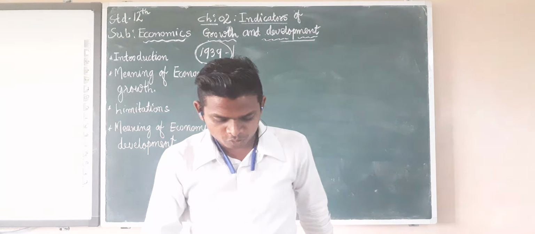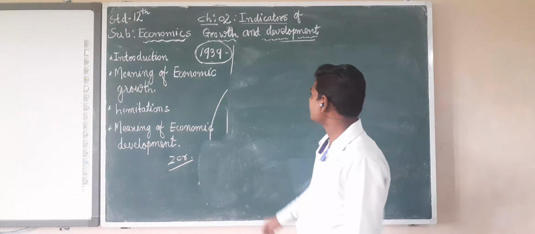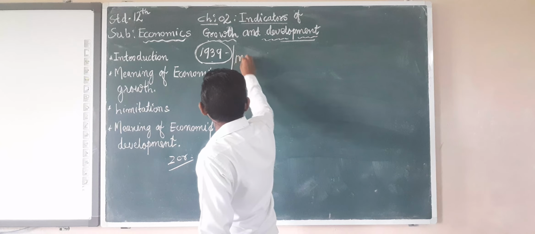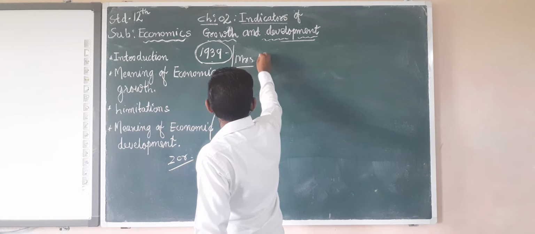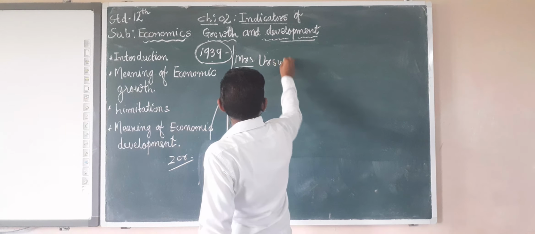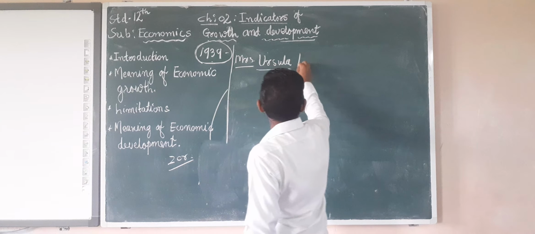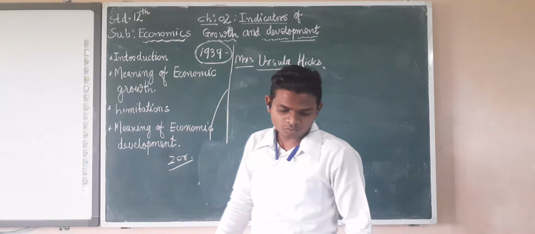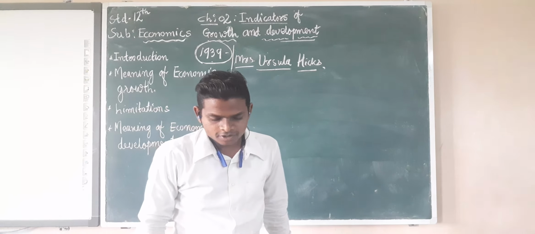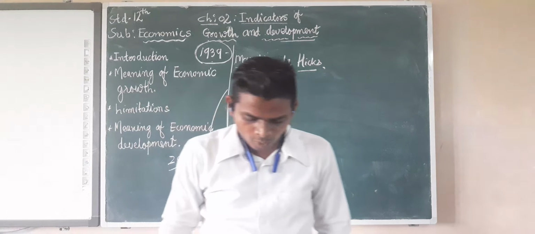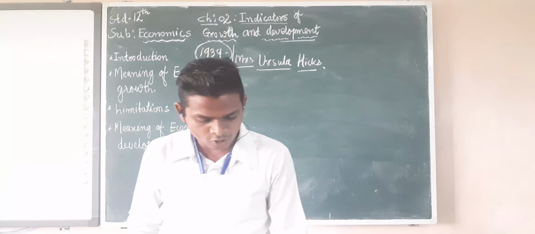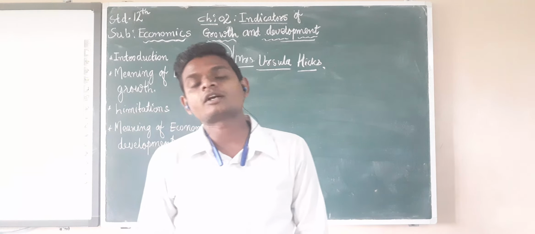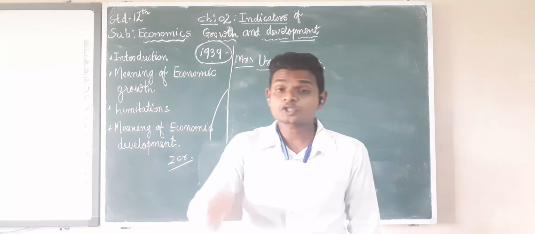So according to Mrs. Ursula Hicks, underline it. According to Ursula Hicks, the solution for the economic problems of a developing country is economic development, and for the developed country it is economic growth.